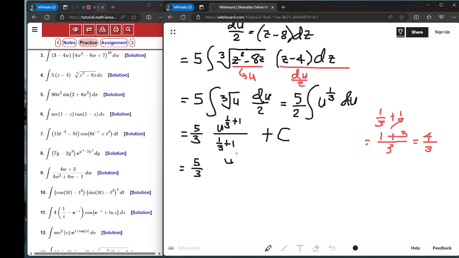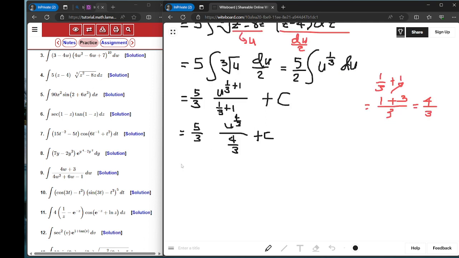The exponent of u is therefore 4 over 3, and our denominator is also 4 over 3, then plus c. We can still simplify this if we have a fractional denominator. If a denominator is a fraction, it's just equivalent to multiplying by its reciprocal.